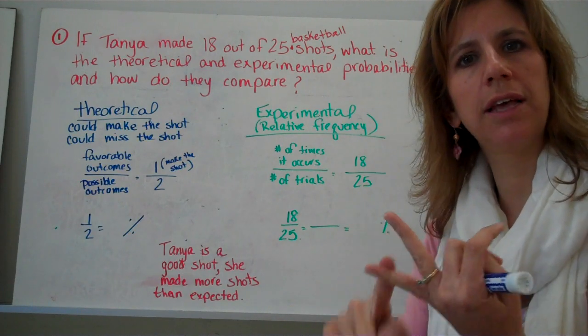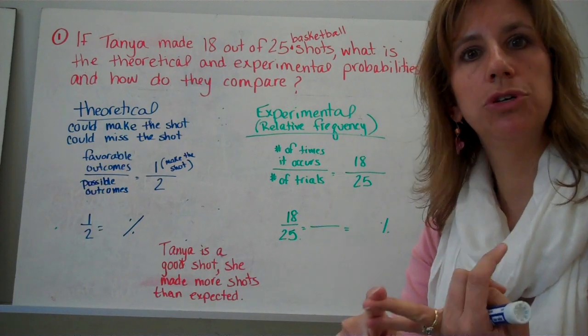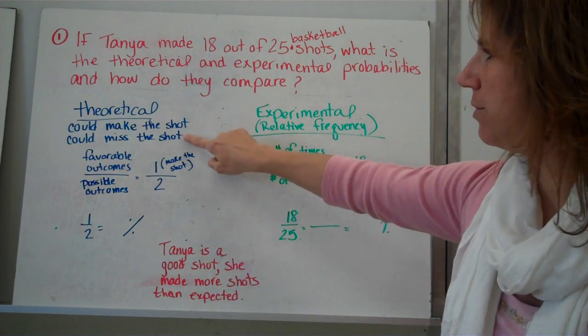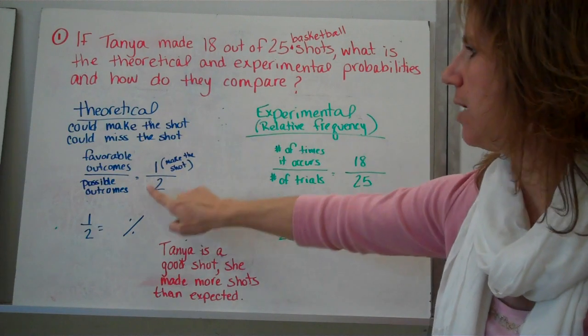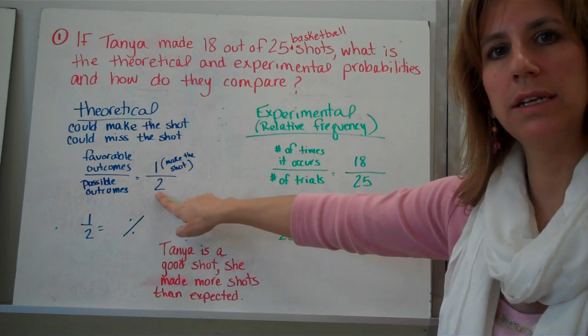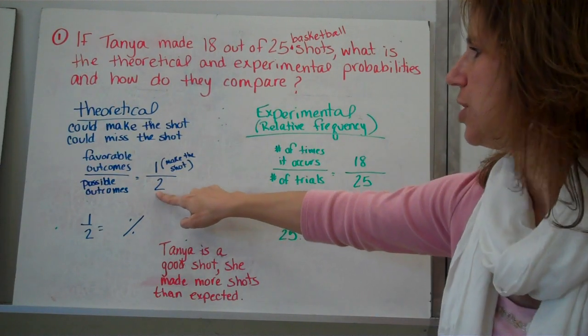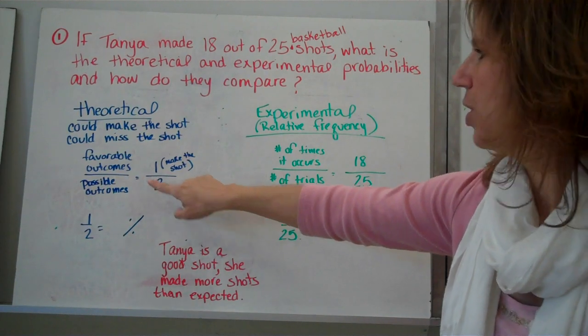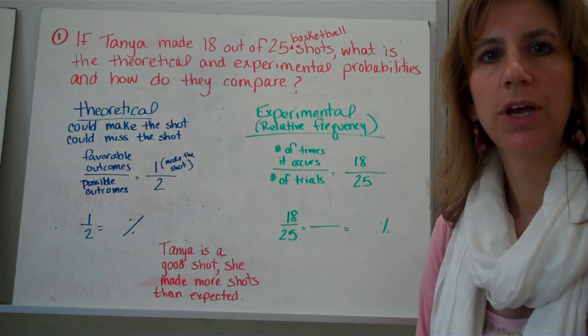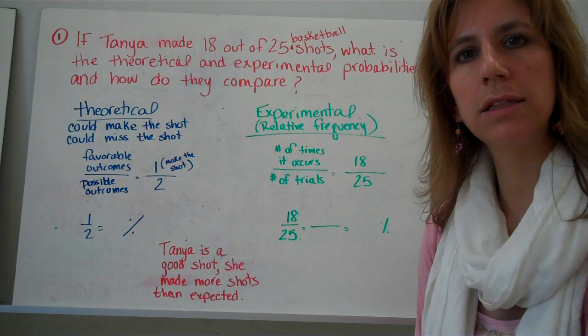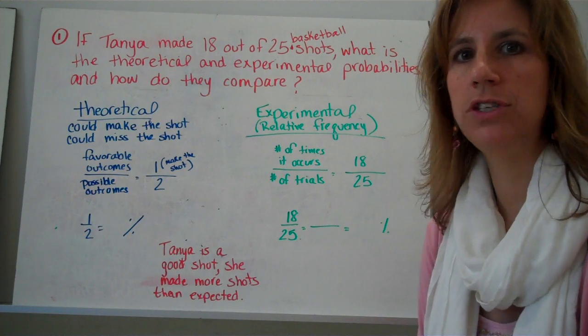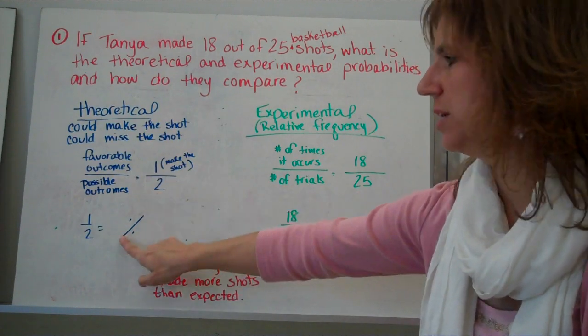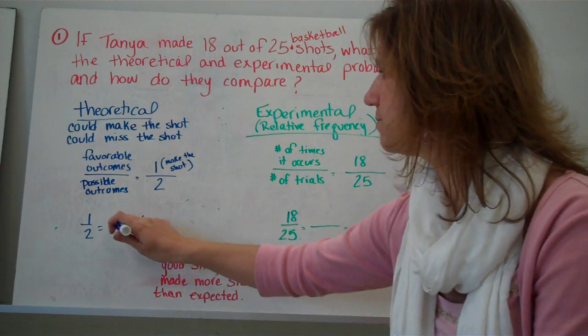But there's two things that could happen. You could miss it, or you could get it in. So of the possible outcomes, we're looking to see if she can get it in the net. So two things could happen. We're looking to see if she could make the shot. So theoretically, making the basketball shot is a 50-50 chance, right? 1/2 is the same as 50%.